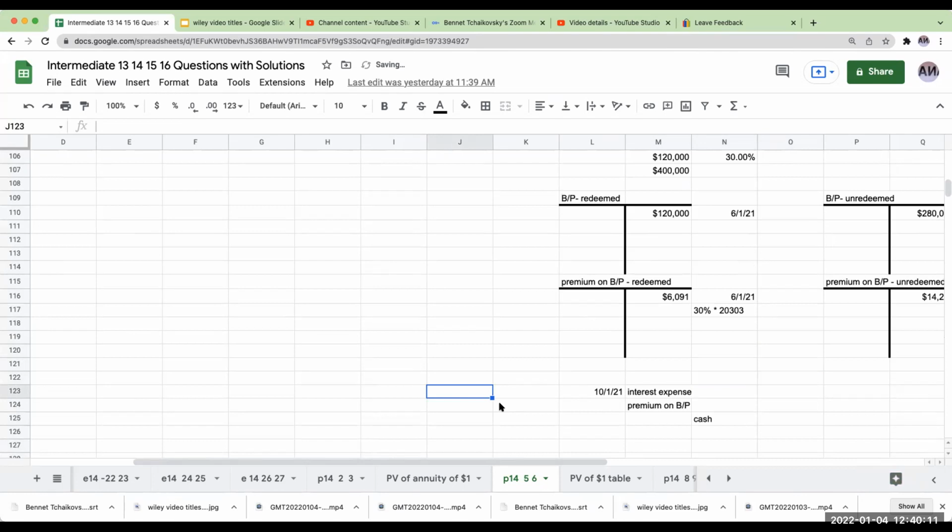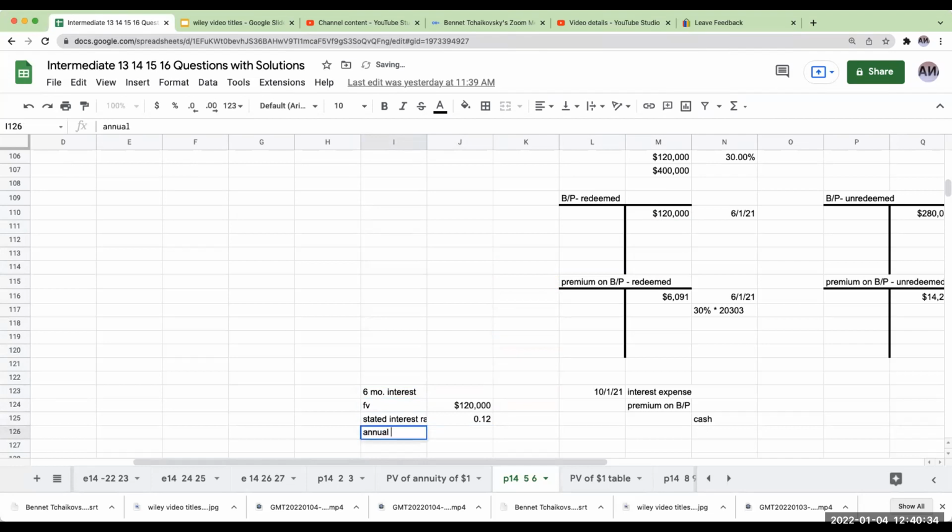Well, for these bonds, 6 months of interest is going to be based on my face value of 120,000. I had my stated interest rate at 12%.